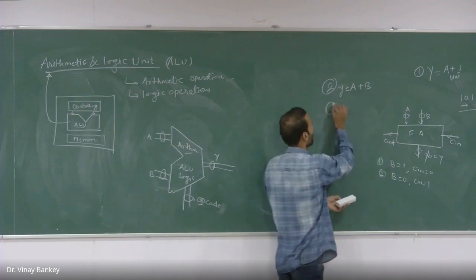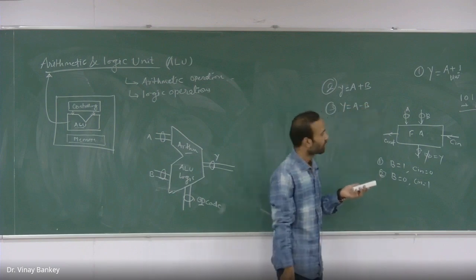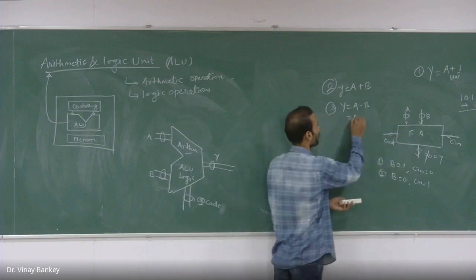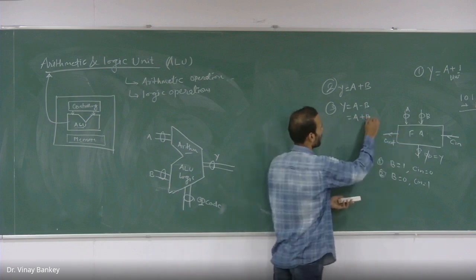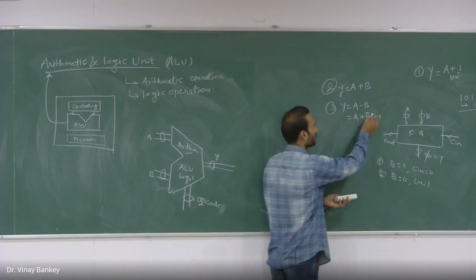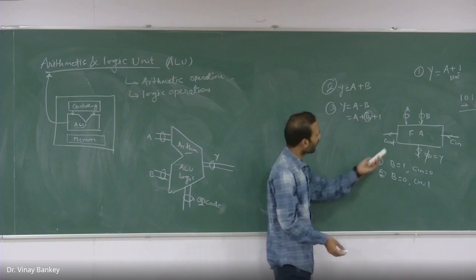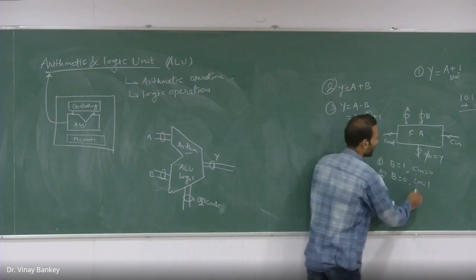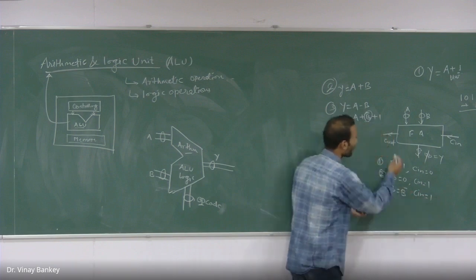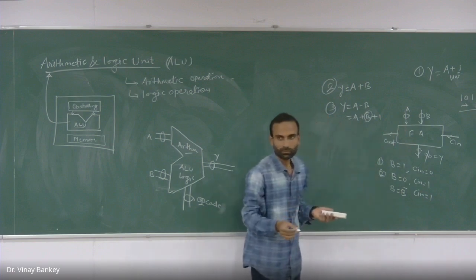For the third case, when I want A minus B, you need one complement here. So you can put A plus B complement plus 1. So you require B complement and 1. So you can fit C in equal to 1 here, and B can be converted to B complement with the help of NOT gates.